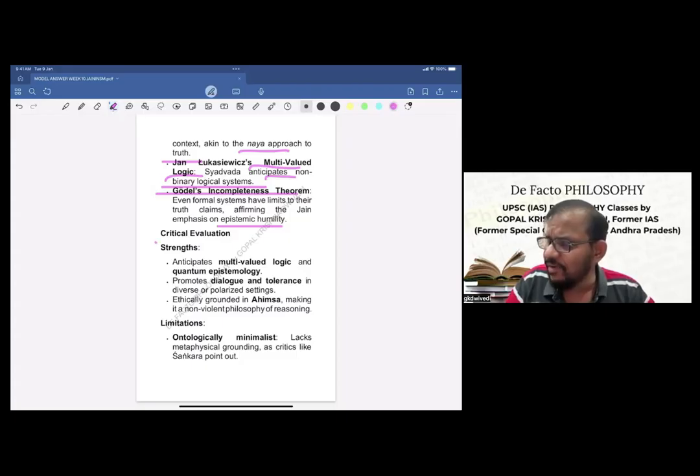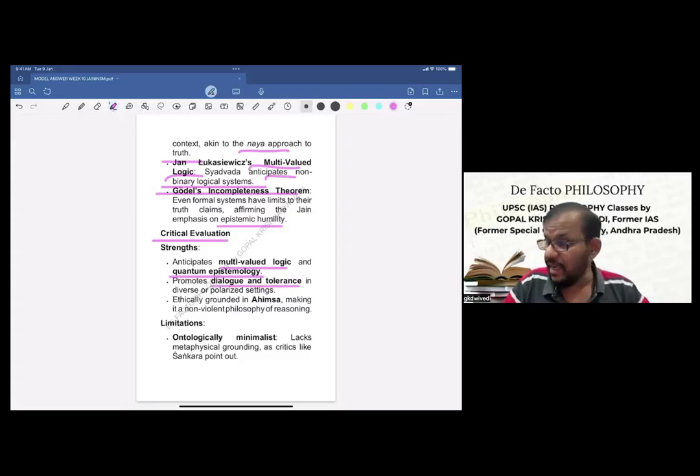Now, what are the critical evaluations of this theory of Saptavangina? Let us see the strengths. It anticipates multi-valued logic and quantum epistemology; this we have already seen, these are modern parallels. It promotes dialogue and tolerance in diverse or polarized settings. This is again important.